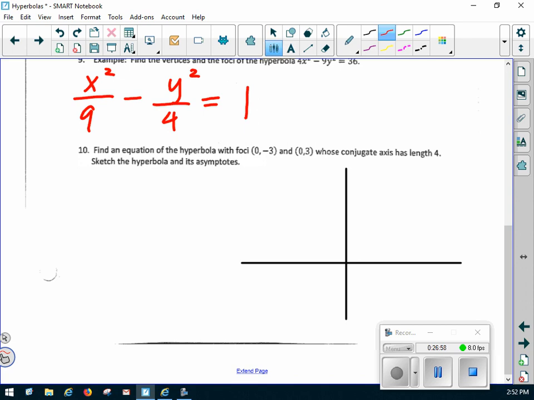Where's the center of this hyperbola? At the origin. Good. Center's at the origin. Does either branch of the hyperbola contain the center? No, the center is not actually a point on the hyperbola. What's A?